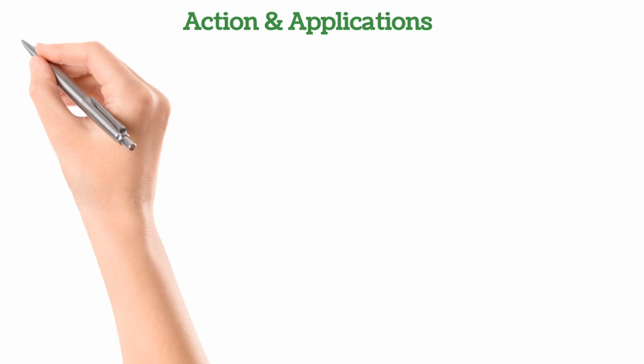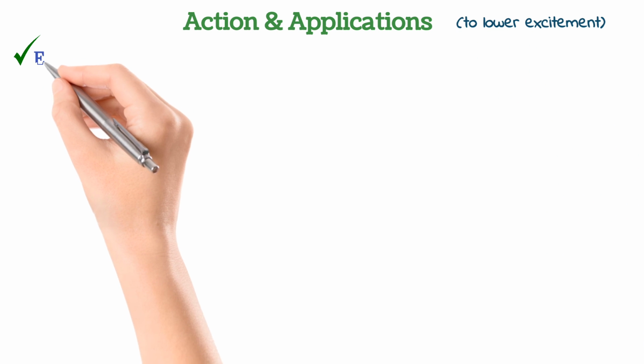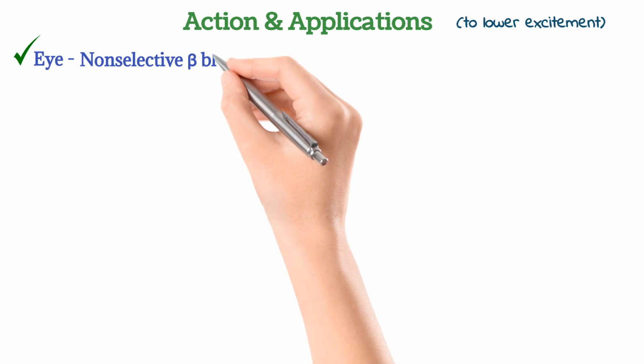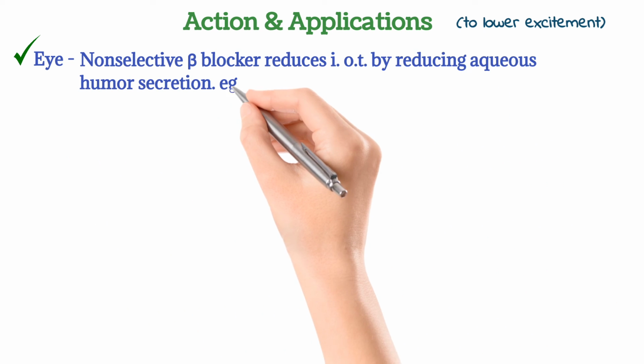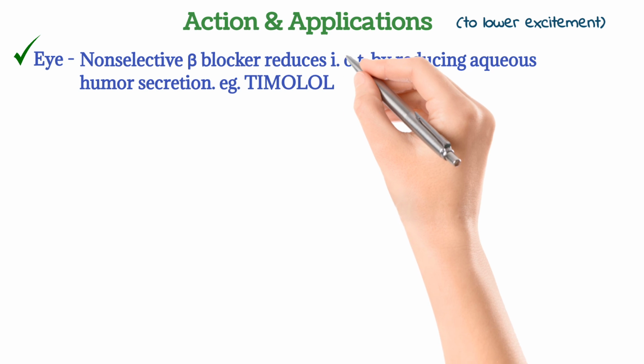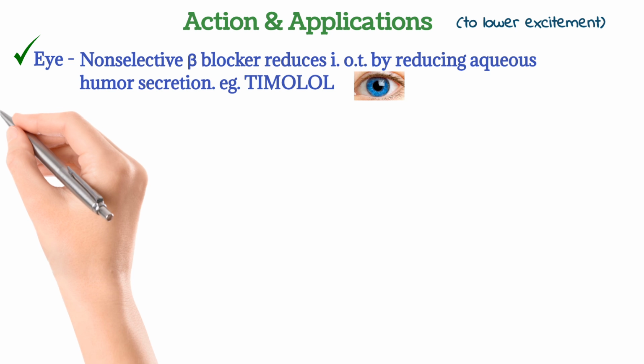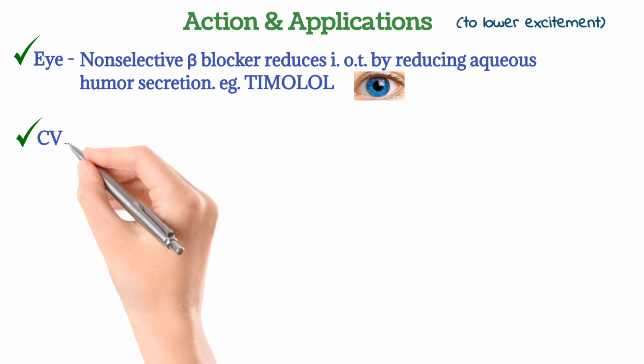In the eyes, we have to discuss that. Before that, I must tell that earlier it was excitatory action. So here we are discussing action to reduce, or it will have a lowering of excitement, like that. In eyes, non-selective beta blockers reduce IOT, intraocular tension, by reducing aqueous humor secretion.